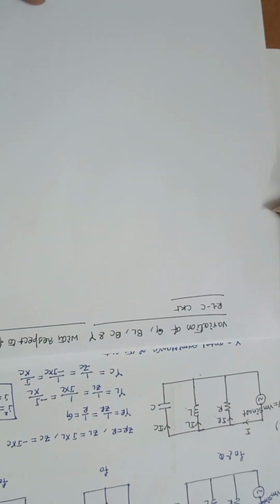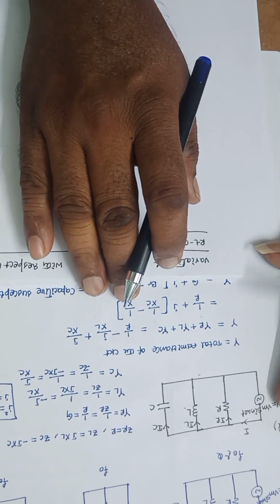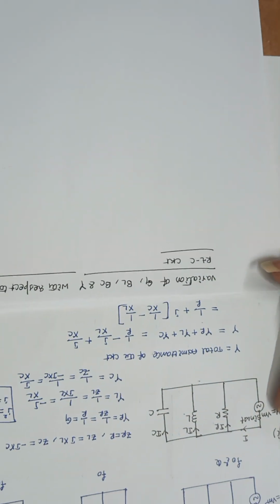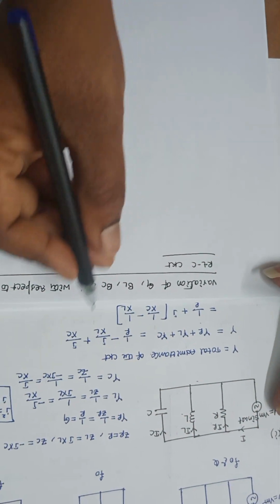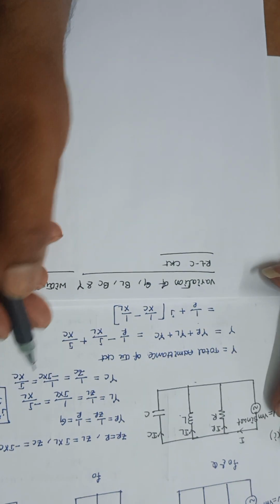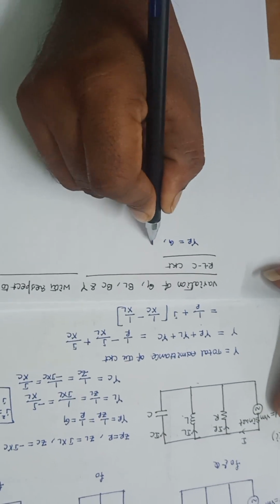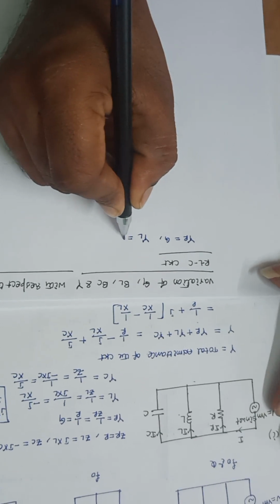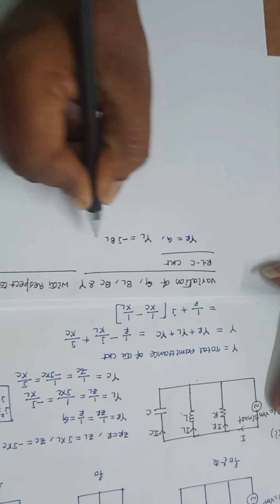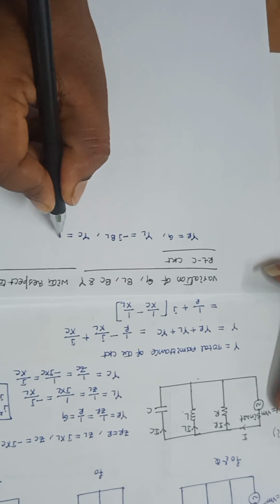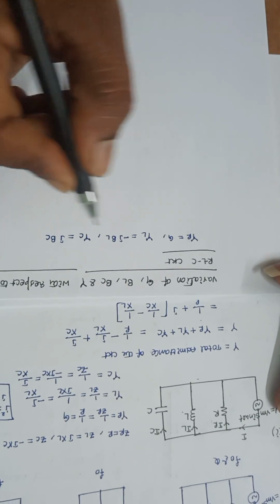Okay, you know that just now we found that G is the reciprocal of the resistance, YR is equal to G, YL is equal to minus J into BL, YC is equal to J into BC.